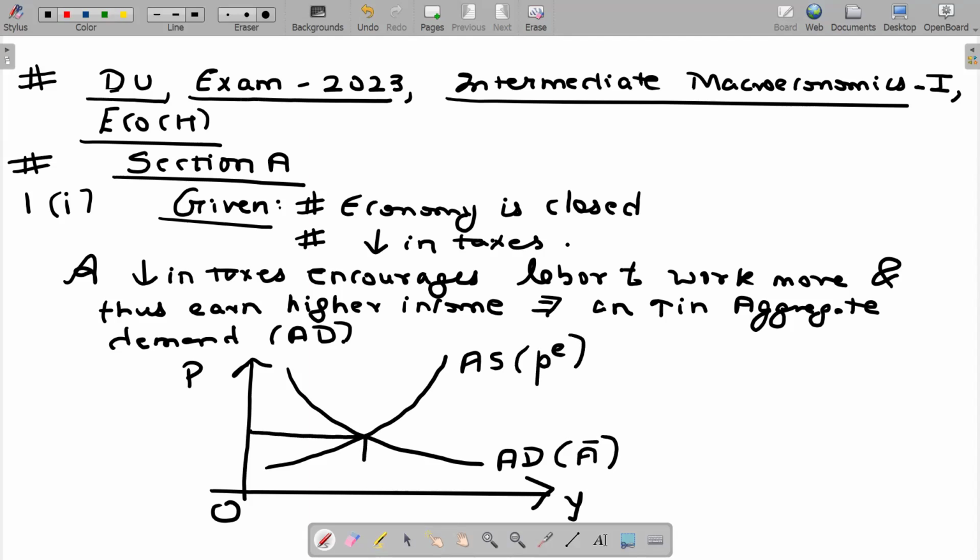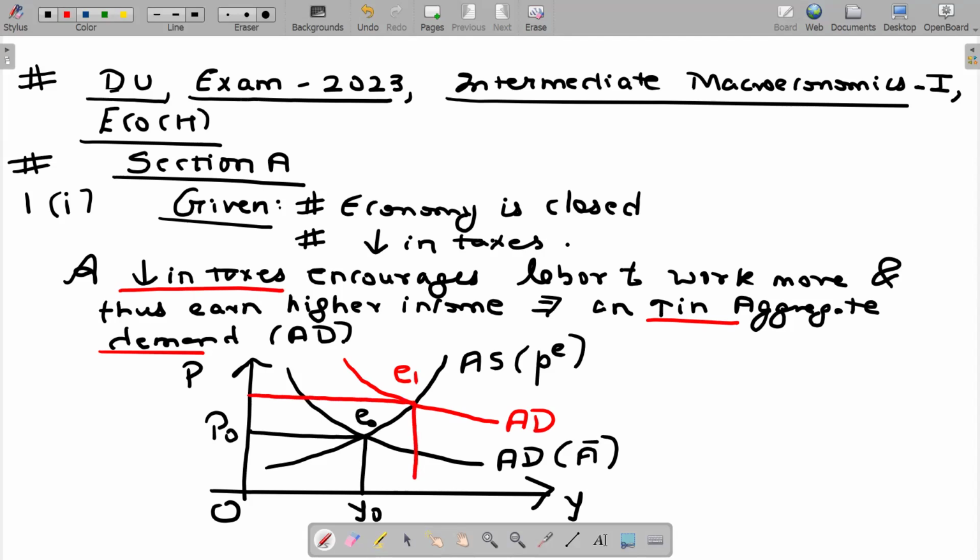This is my initial equilibrium E naught. This is P naught. This is Y naught. A decrease in taxes would ultimately lead to an increase in aggregate demand from the labor market. The aggregate demand curve is going to shift to the right. When aggregate demand shifts to the right, you can see there is excess aggregate demand. Excess aggregate demand would drive up the prices.